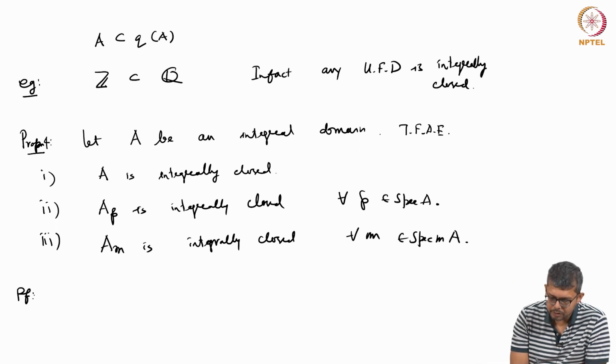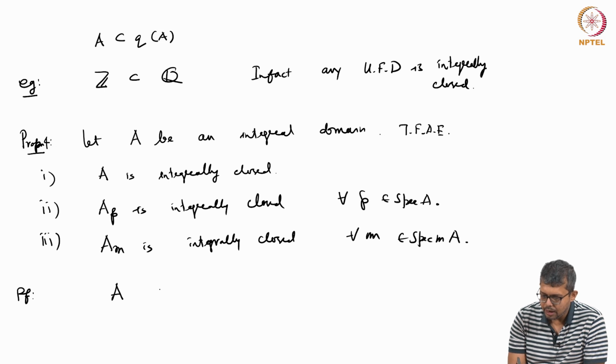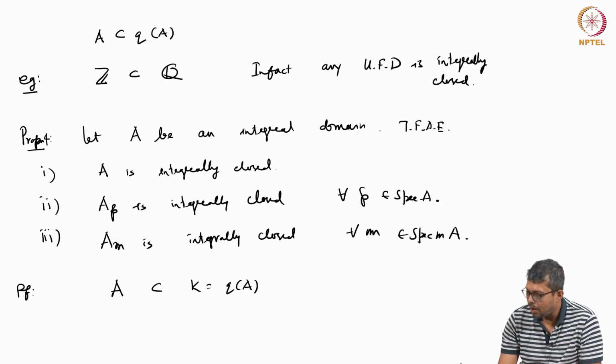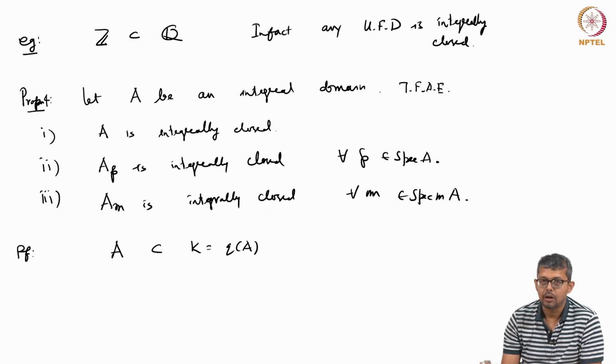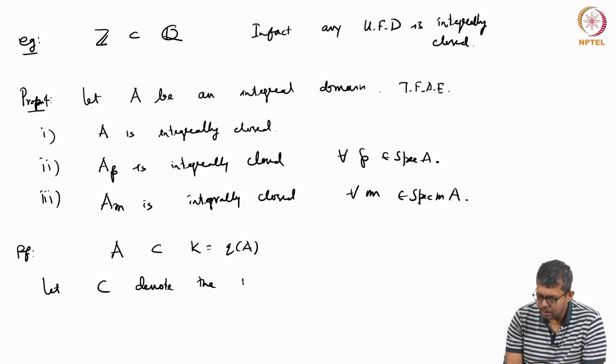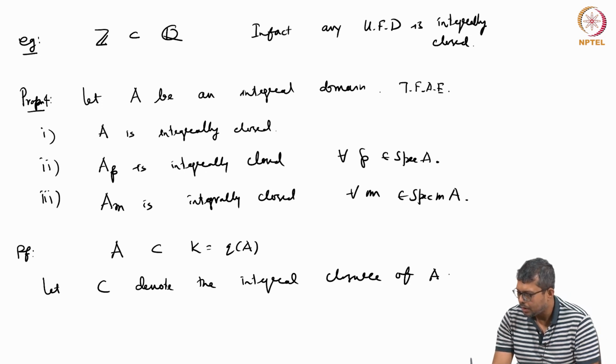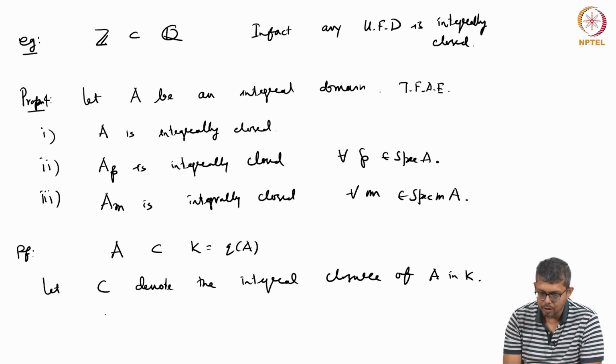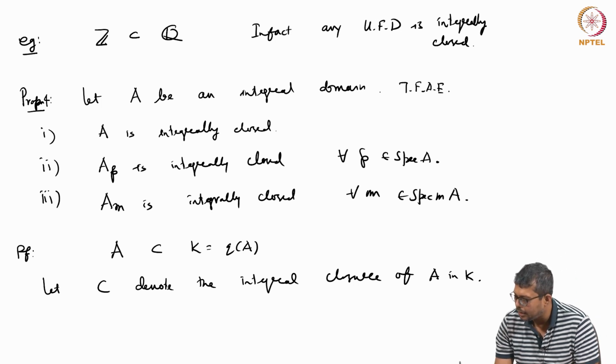Proof is easy. You take A, it is inside your quotient field, call it K. Now, you consider the integral closure of A in K. So, let C denote the integral closure of A in K. Of course, A is integral over A itself.